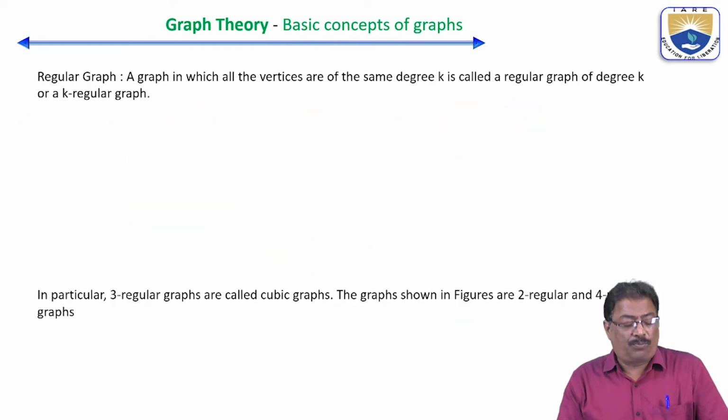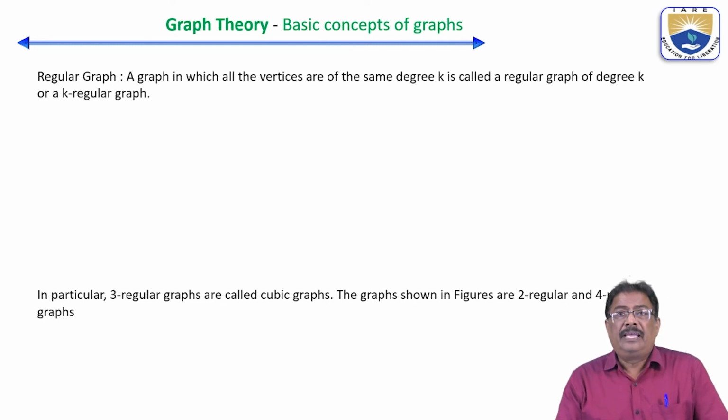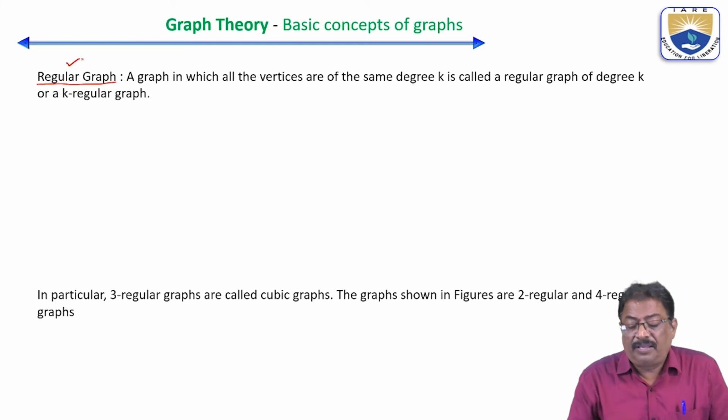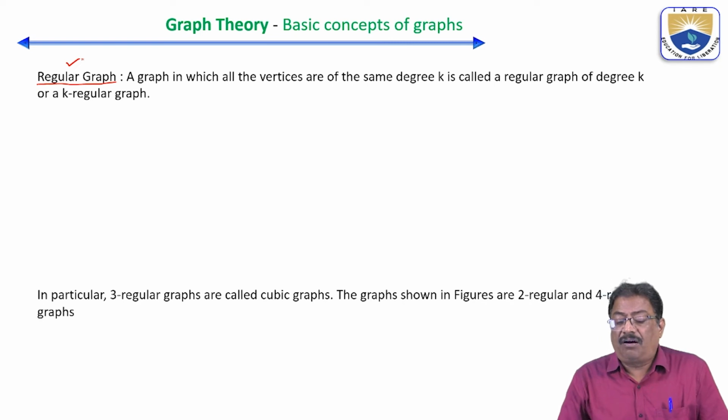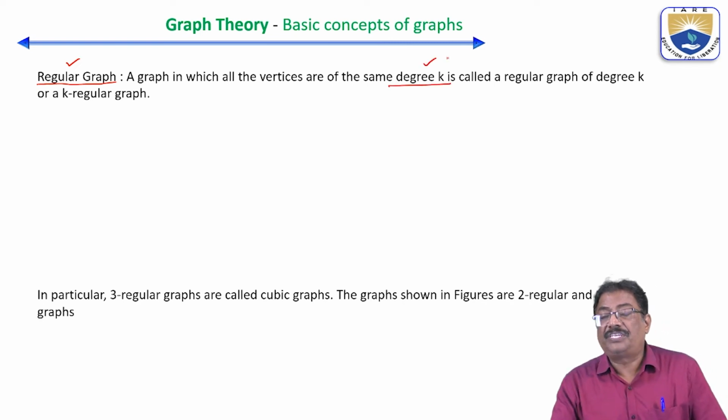Now, here what is a regular graph? A graph is said to be regular when all the vertices have the same degree, say k.